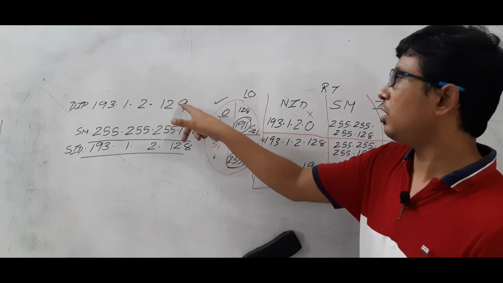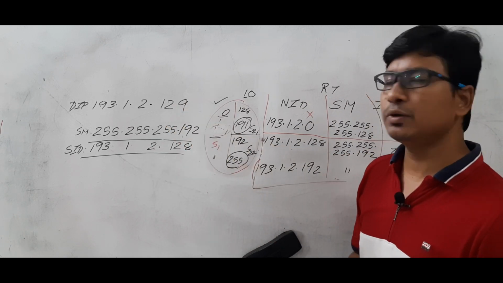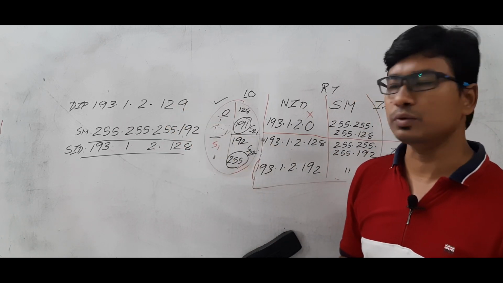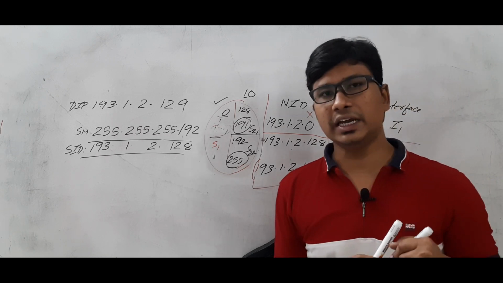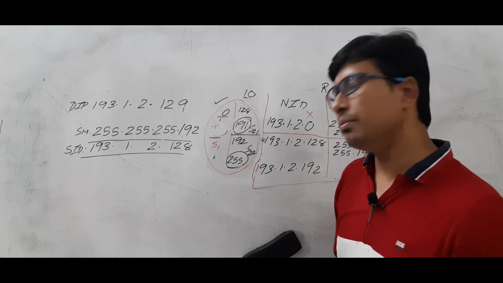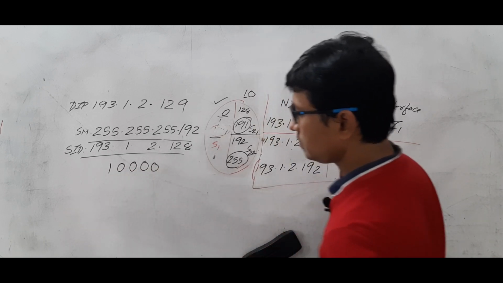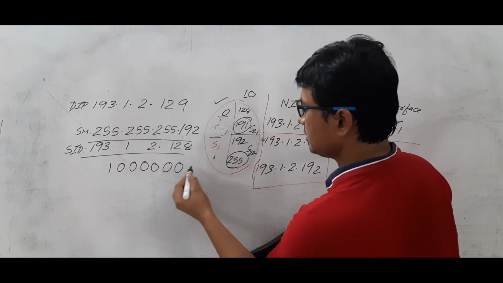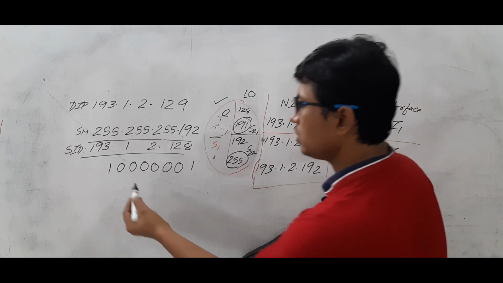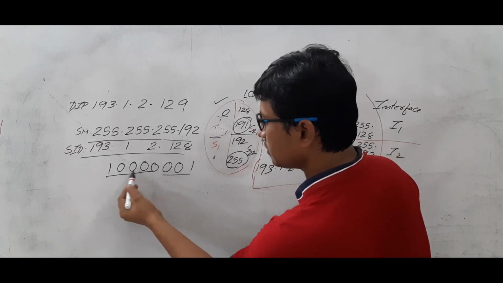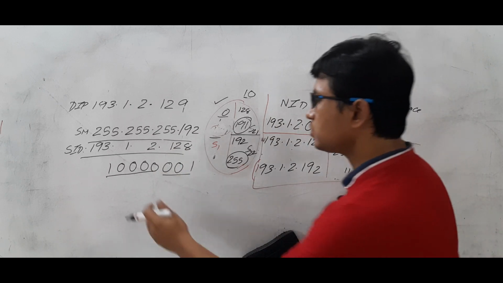Now let me solve how to compute the bitwise AND between 129 and 192. First, 129, I need to convert into a binary number. What will I get? 1 0 0 0 0 0 0 1, 8 bits will be there. Yes, this is 129.